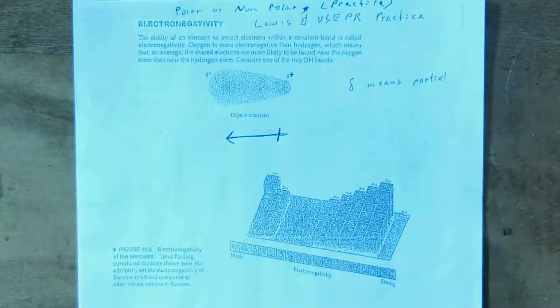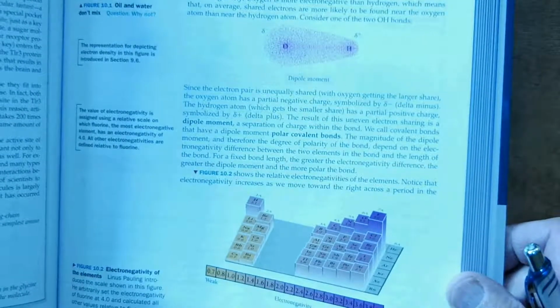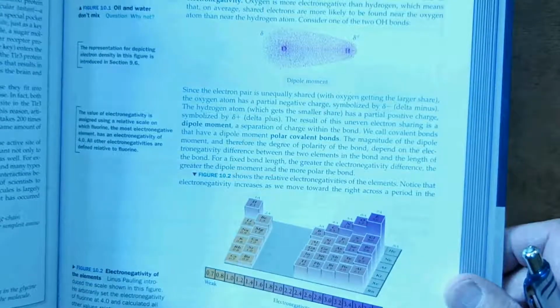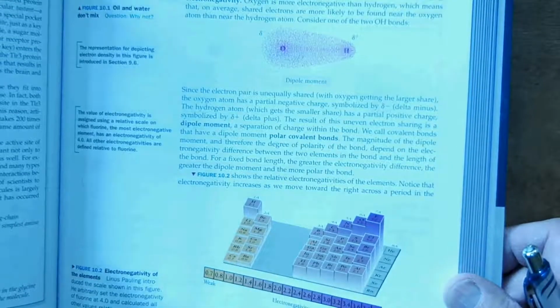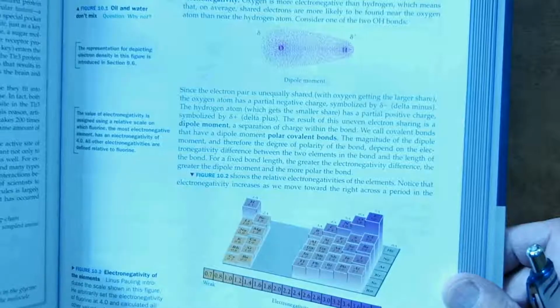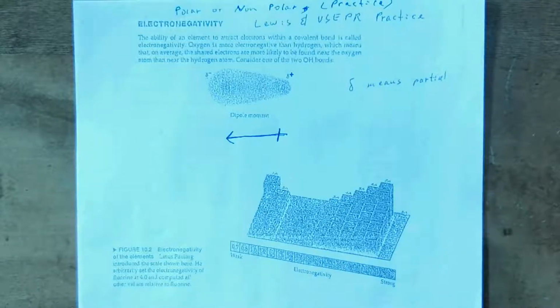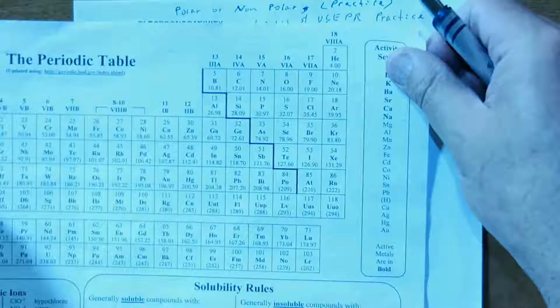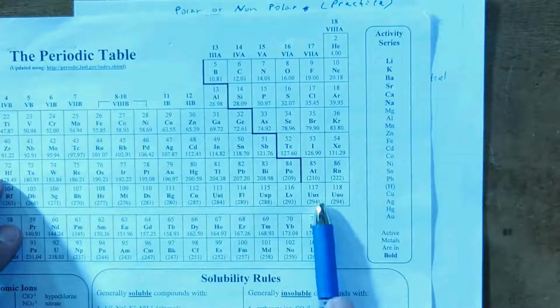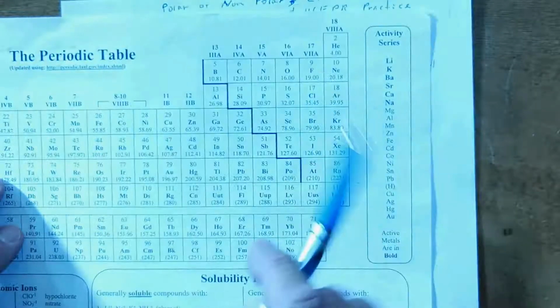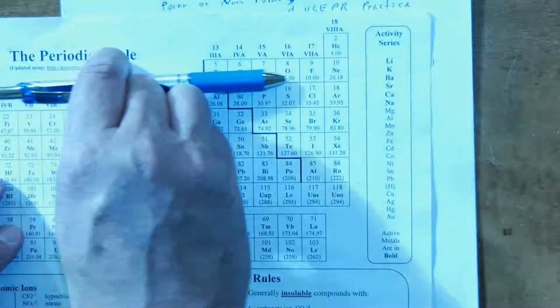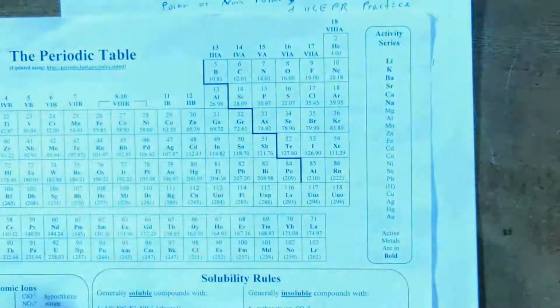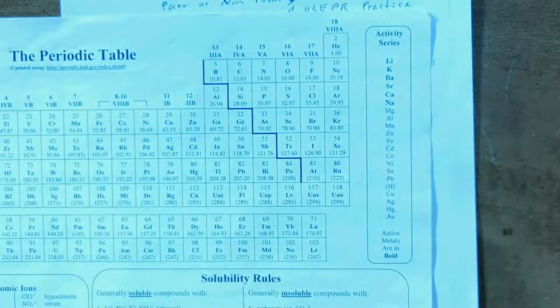Electronegativity bears a little review. I gave you this picture in my notes. That's right from the book listing different electronegativities. I'll be honest, all you really have to know here about electronegativity is that electronegativity increases as you go up a group, and it increases as you go over. And the big thing to know, the three most electronegative elements.